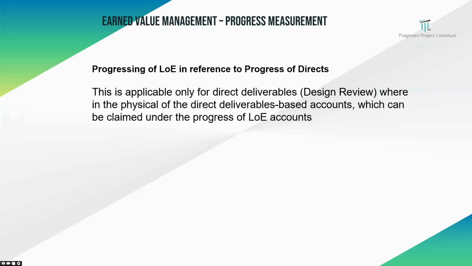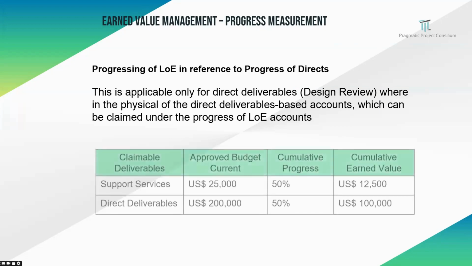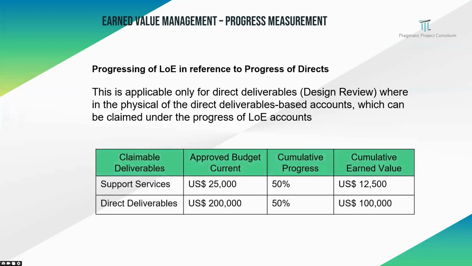Now, the below table is applicable only for the direct deliverables. This is what we discussed. If you go directly into the table, the claimable deliverables are two components: support services and direct deliverables. For the support services, the approved budget as on current date is $25K, whereas for the direct deliverables, it is 200K. As far as the cumulative progress is concerned, both are performed at 50%.